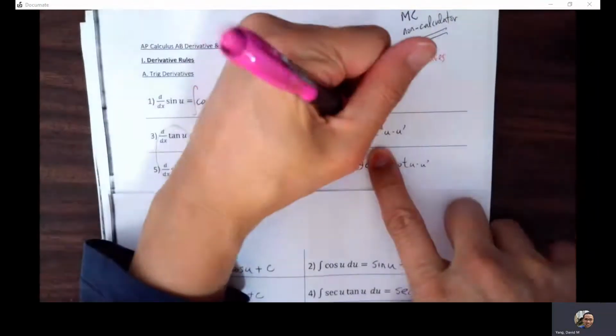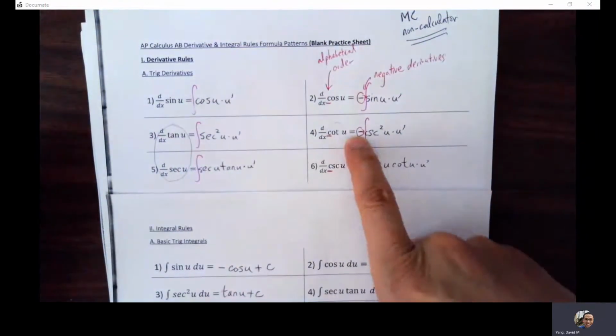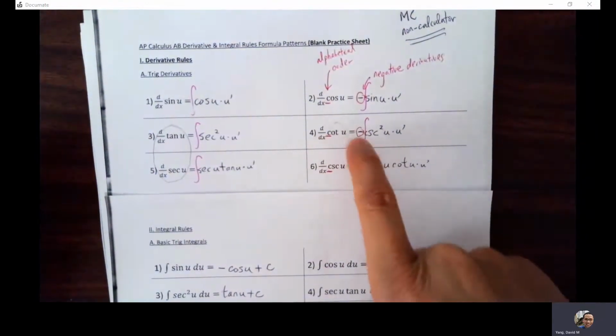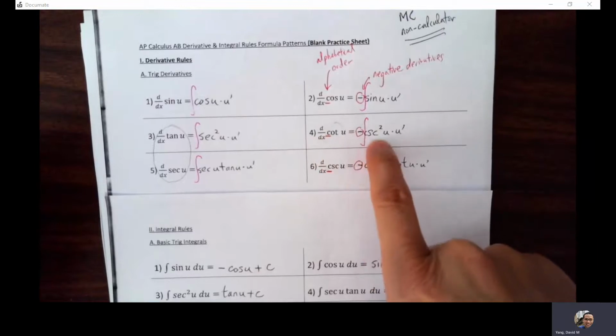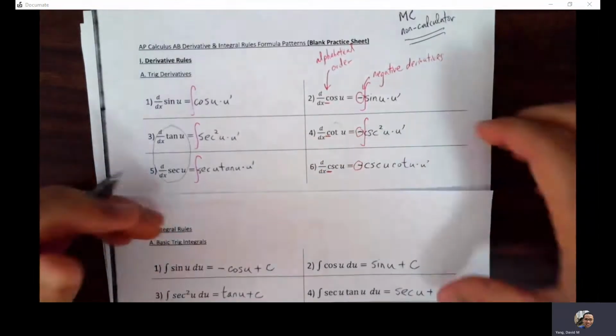The integral of cosecant squared u, that negative has to be accounted for, so it's going to go with the cotangent on the left side. So the integral of cosecant squared u is just negative cotangent u plus c.